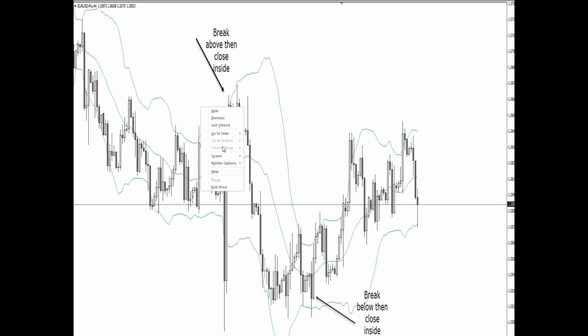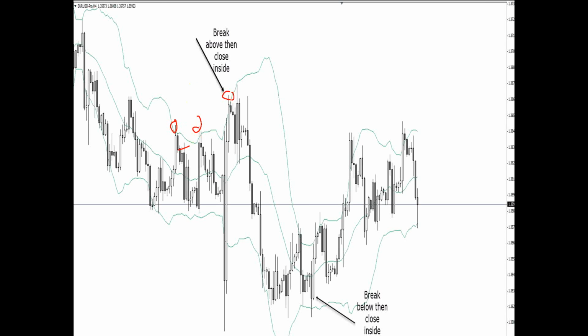Same here. I will mark it up. This is an example, this is an example, this is an example for short trades. Once the price breaks through the upper Bollinger Band, and the next candle closes back inside the Bollinger Band, we think that the price will indeed go down because it was rejected from important resistance.